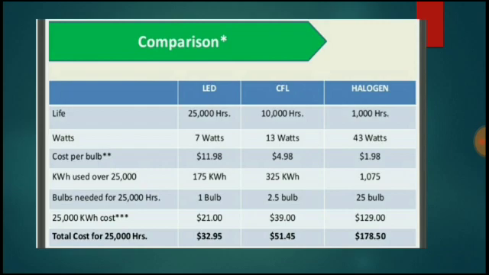So the total cost of 25,000 hours is $32.95 for LED, $51.45 for CFL, and $178.50 for halogen bulb.